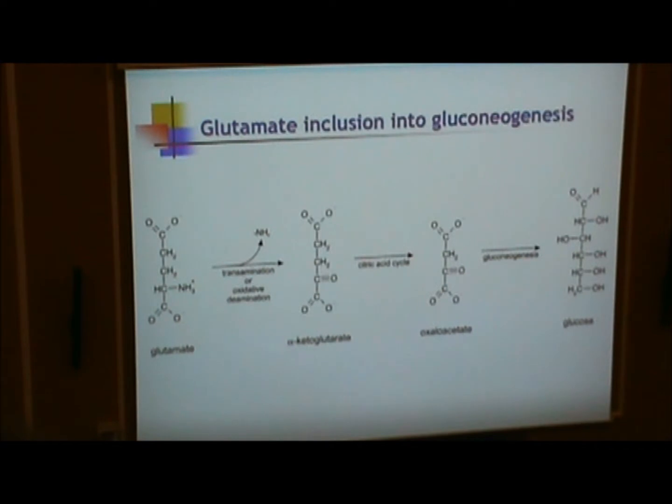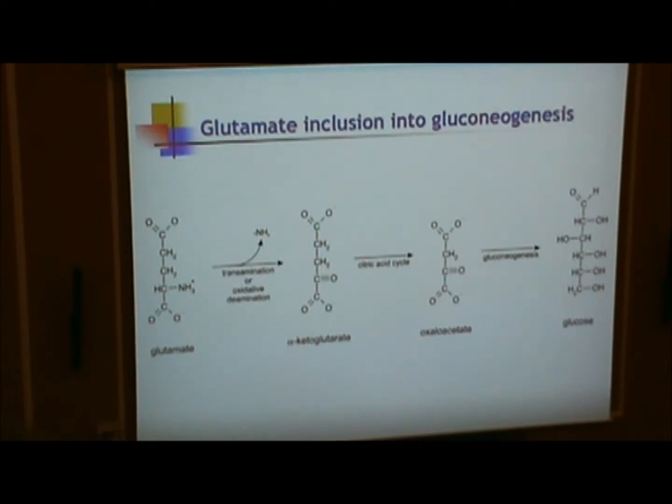The next typical glucogenic amino acid is glutamate. Glutamate is submitted to transamination or to oxidative deamination. It loses the amino group. It converts into alpha-ketoglutarate.